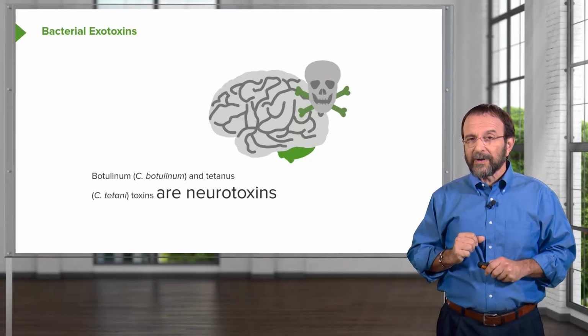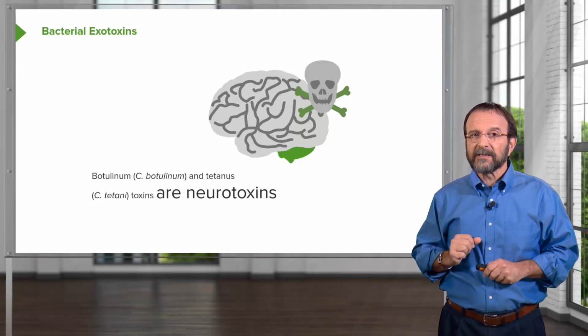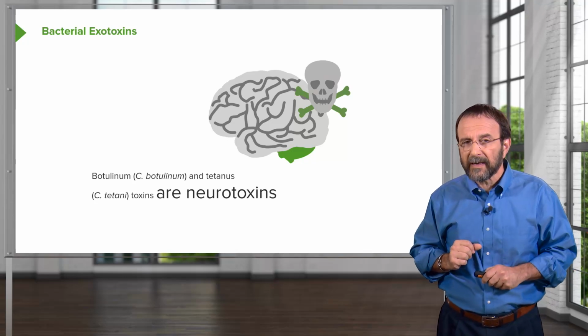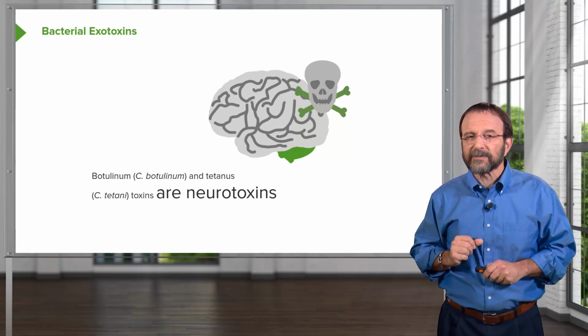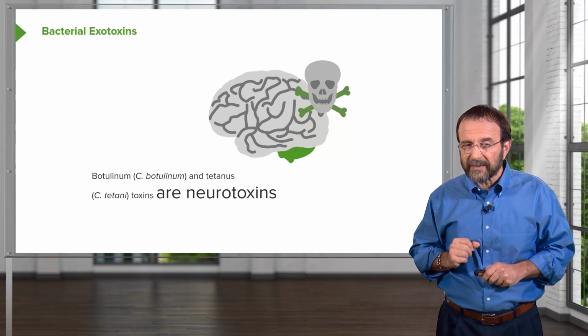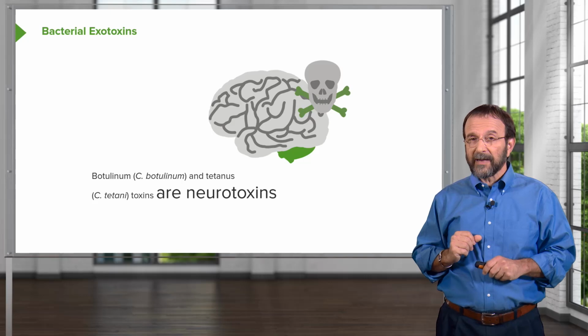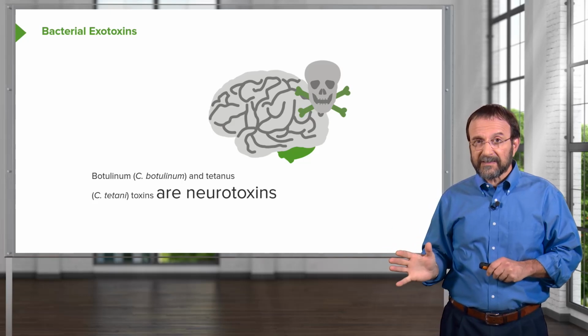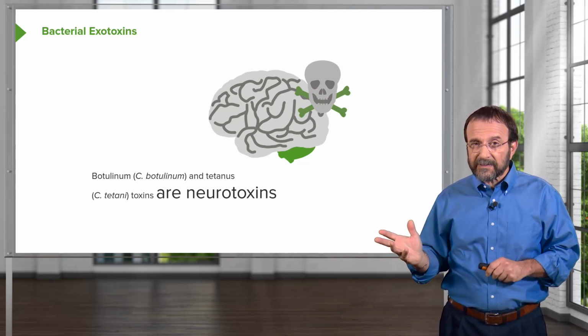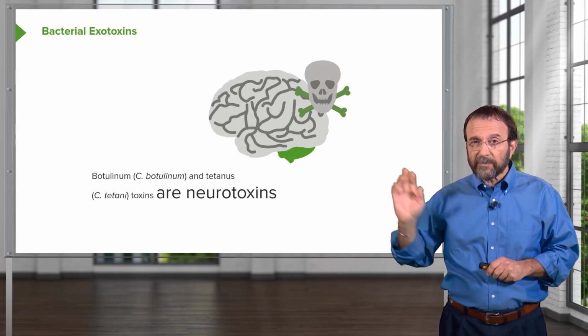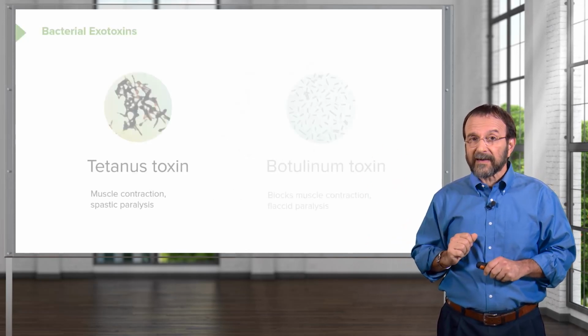Two toxins that are well known, botulinum toxin produced by C. botulinum and tetanus toxin produced by C. tetani, Clostridium, are neurotoxins. These toxins, elaborated by the bacteria at different sites, make their way through the circulatory system and the lymph system to the brain, where they cause their effects.